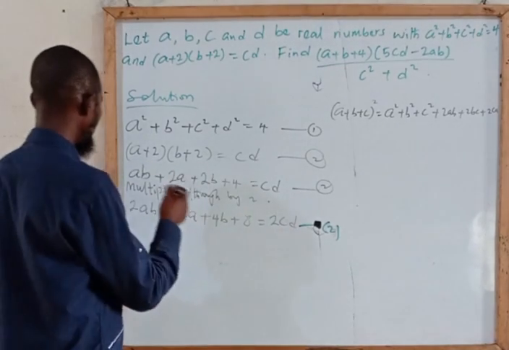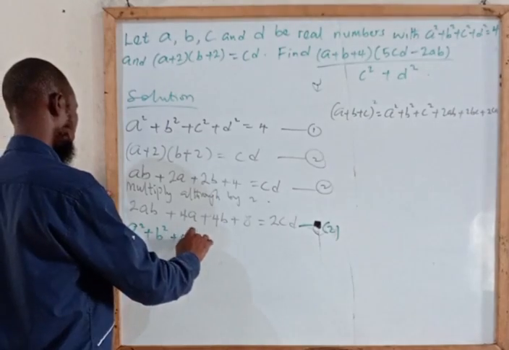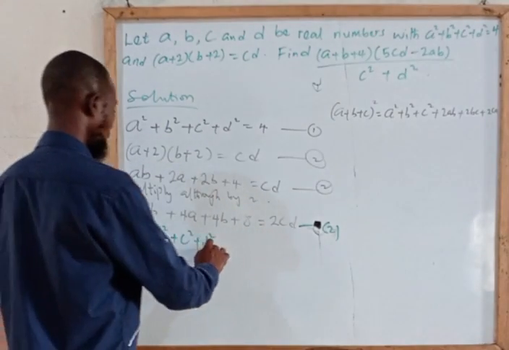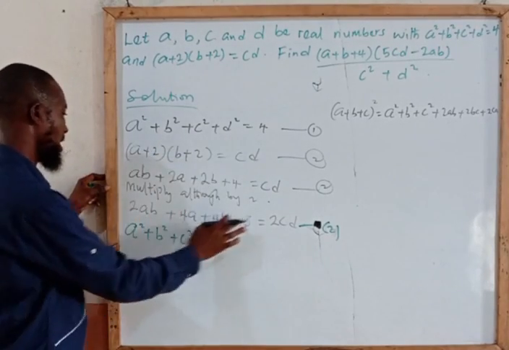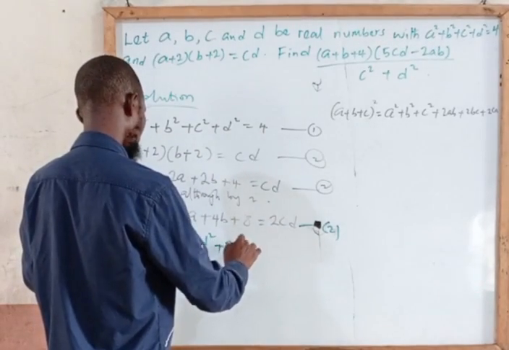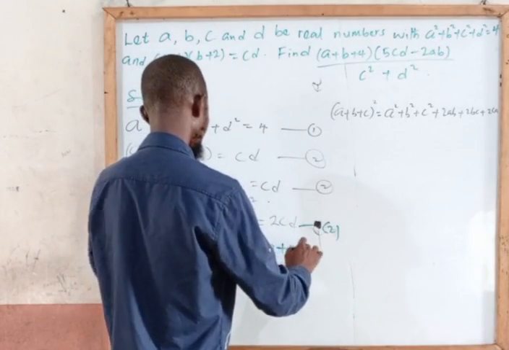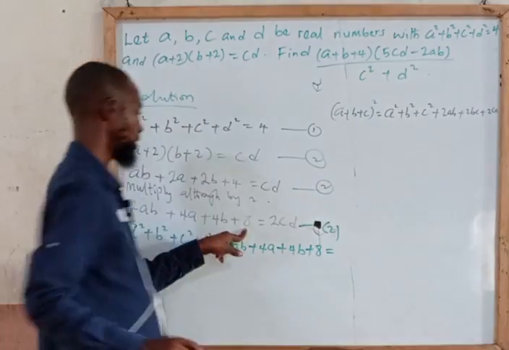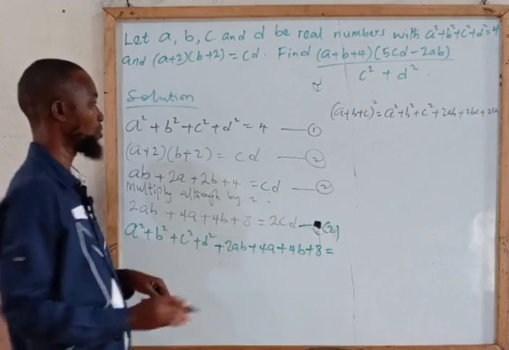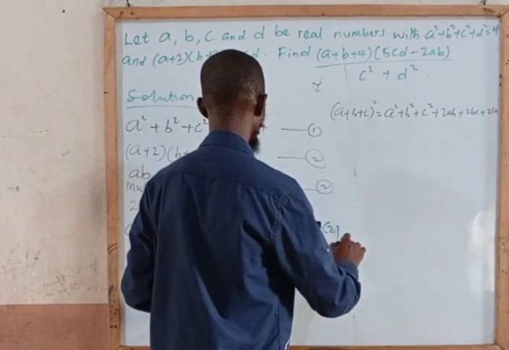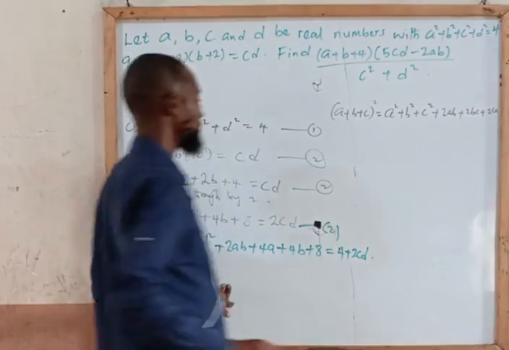So combining, we have a squared plus b squared plus c squared plus d squared, plus 2AB plus 4A plus 4B plus 8. We combine the left-hand side first, everything here with everything here. This is equal to the combined right-hand side values: 4 plus 2CD.